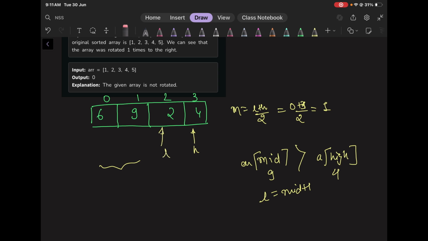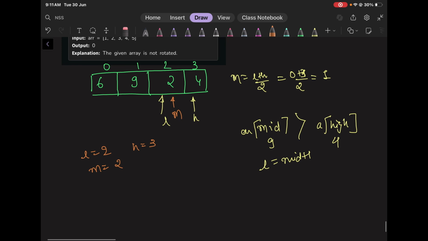Now my new condition is my low is equal to 2 and my high is equal to 3. Now mid will be low plus high by 2, which turns out to be 2. So I have my mid over here. I check for my ARR of mid and ARR of high. My ARR of mid is 2 and this is 4.